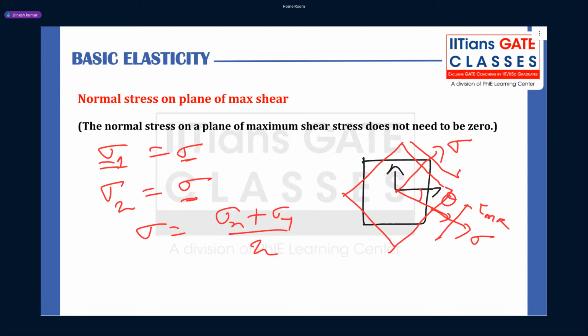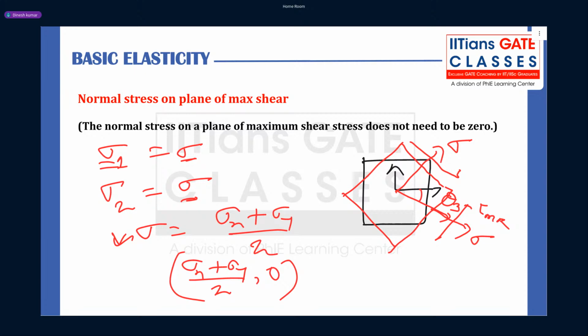So the center of the Mohr circle, we all know, is given by sigma x plus sigma y by 2 comma 0. So this is the normal stress on the plane of maximum shear. Are you guys understanding what I am talking about? Yes or no? Okay, so this is how we learn about maximum shear stresses and other things.